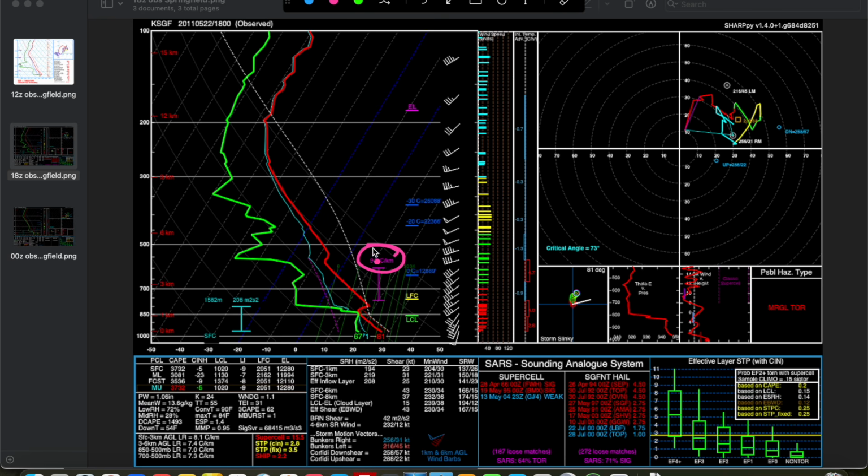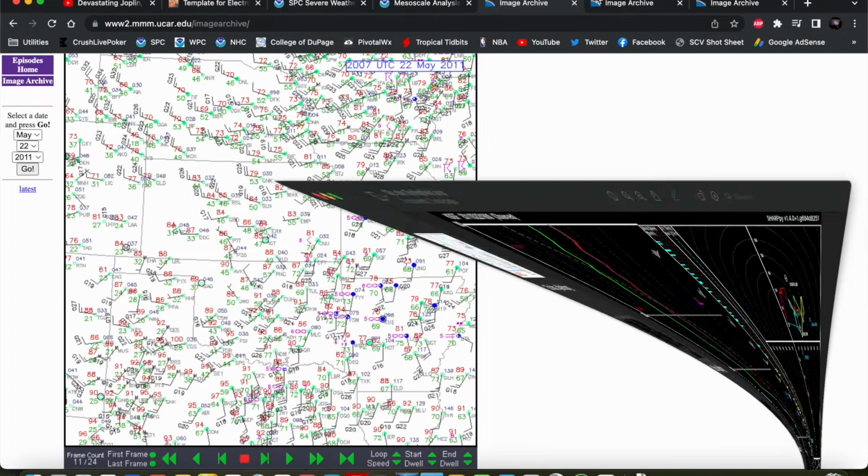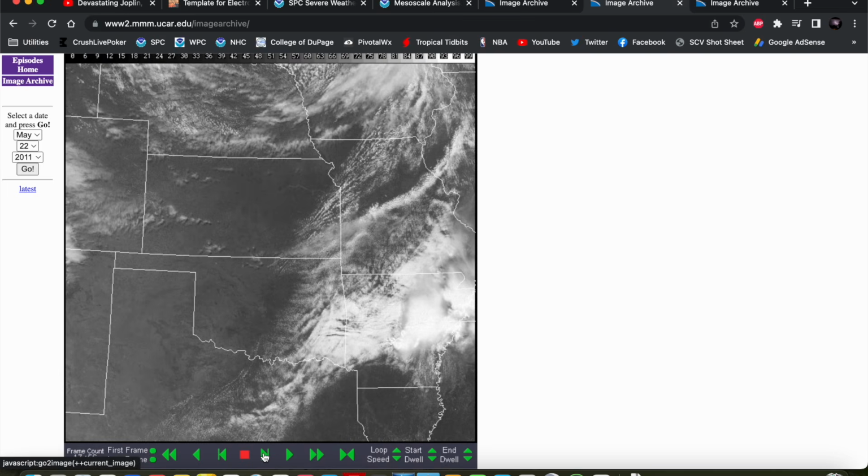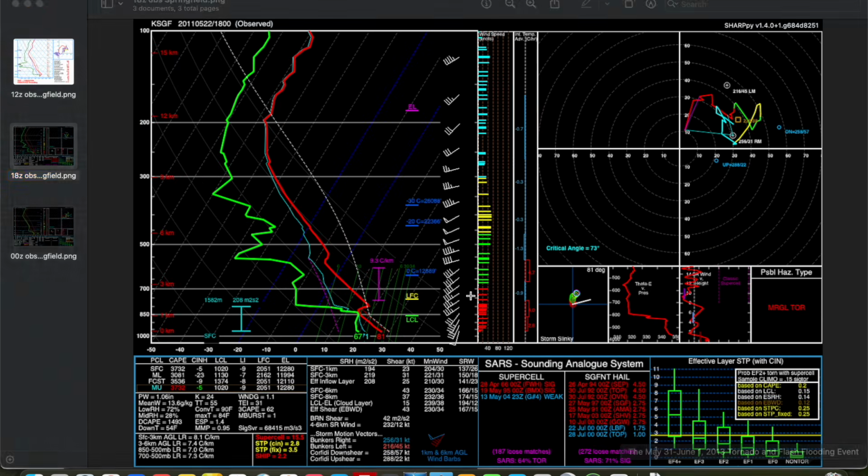So, a very stout EML, but we did have enough forcing from the various mesoscale surface boundaries to help eliminate that cap, and quite a bit of surface heating. If you recall our satellite imagery, it was very clear through much of the afternoon, with some broken high clouds across the region, so surface heating was not really an issue for the southwest Missouri area.